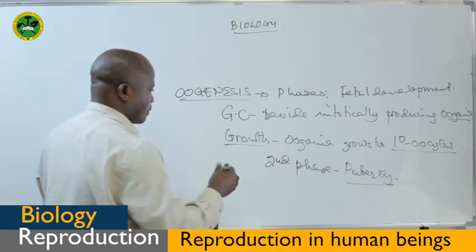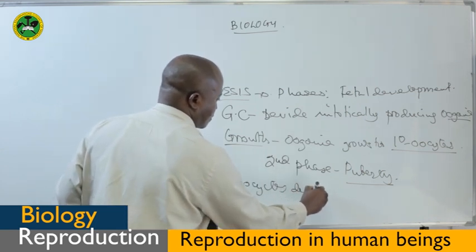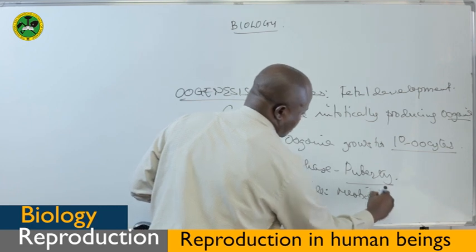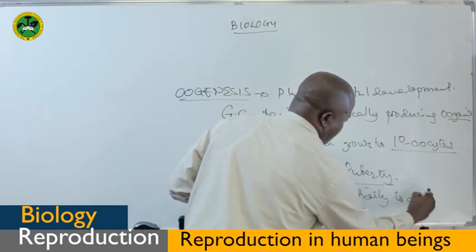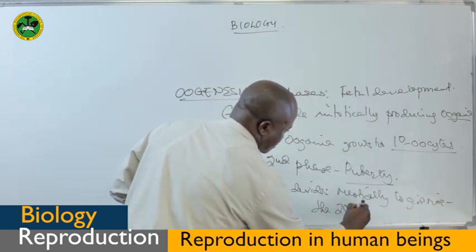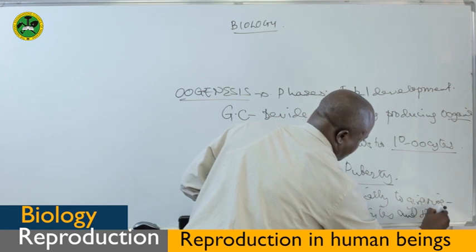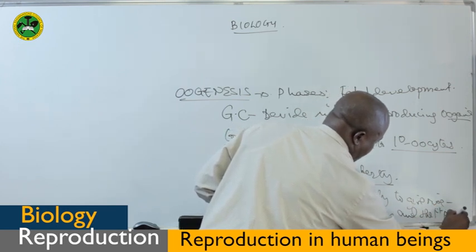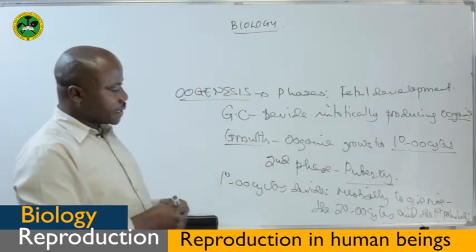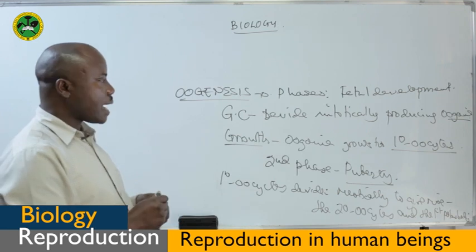The primary oocyte divides meiotically to give rise to the secondary oocyte and the first polar body.